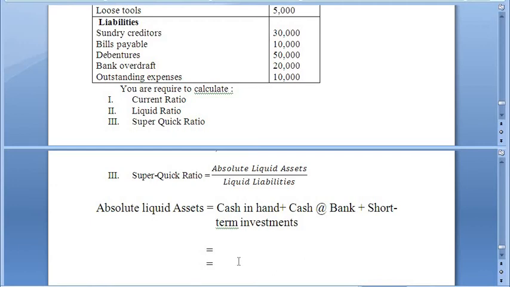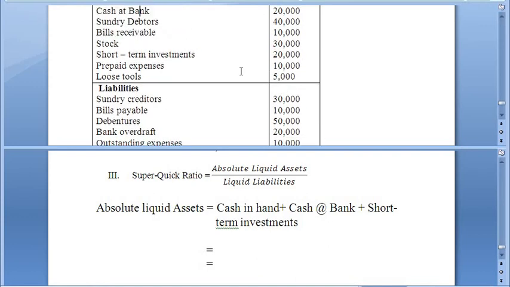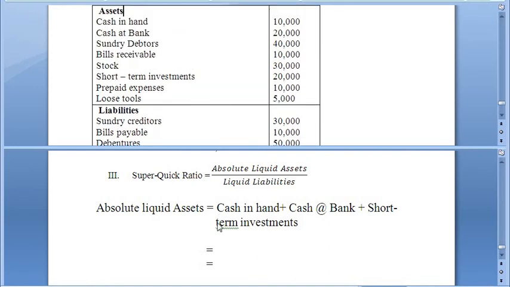Now what is the amount of cash in hand? Check here. Cash in hand is 10,000, plus cash at bank 20,000, plus short term investment 20,000.